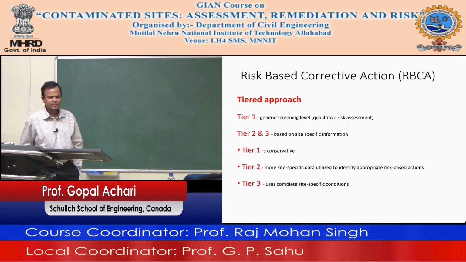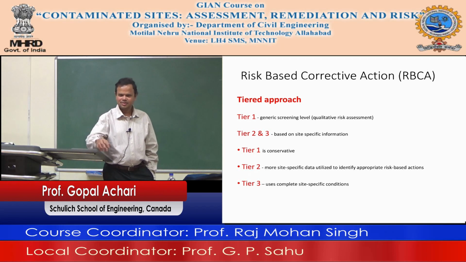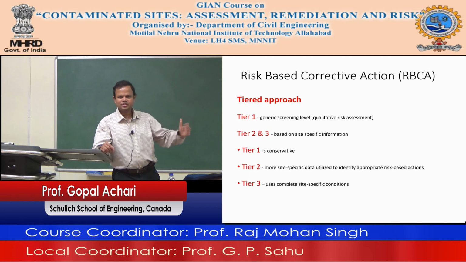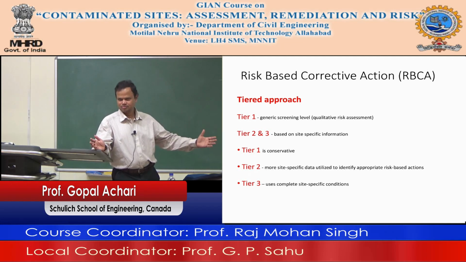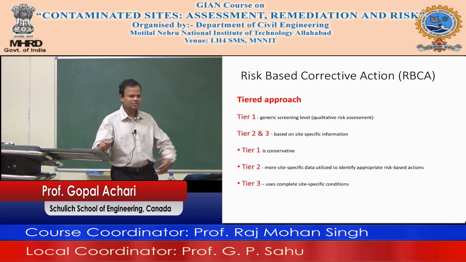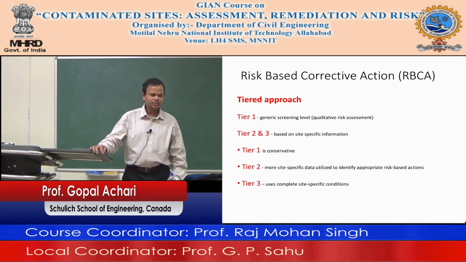So tier 1 is basically a guideline, generic. Okay, so I'm sure if you look at them, they will say, okay, you need the soil to be, if it is an industrial site, the concentration should be a maximum of so and so. If it is a commercial site, maximum so and so. If it's a residential site, that's why it's like a lookup table that the regulator has put down.